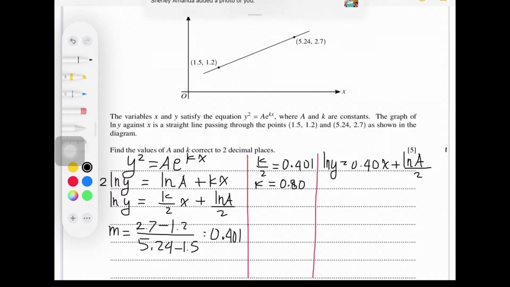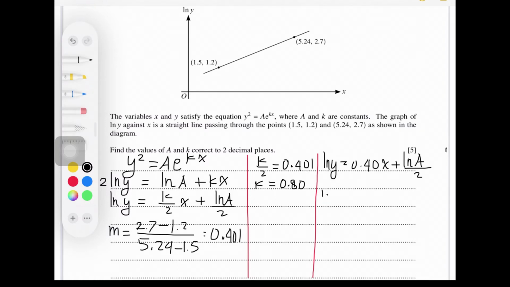In order to find the value of a, we can substitute the value of x and y using the first point or the second point. So let's say we use the first point.